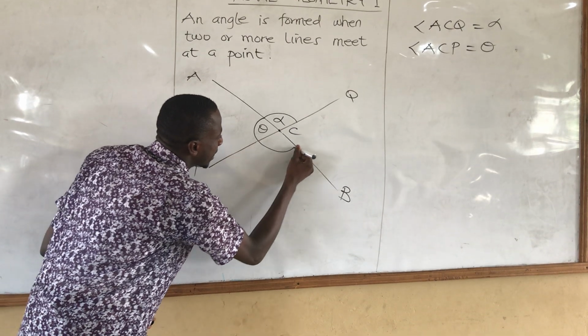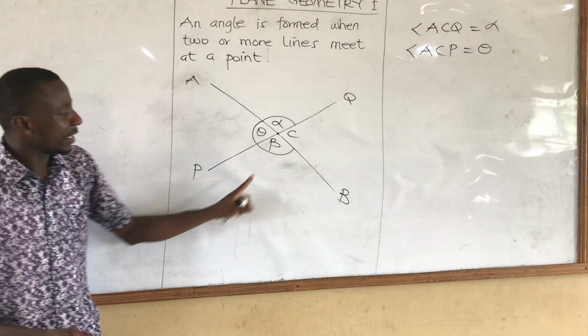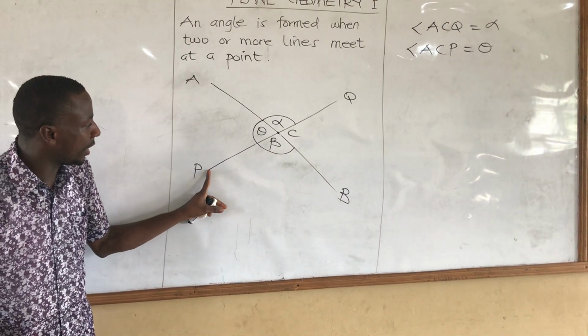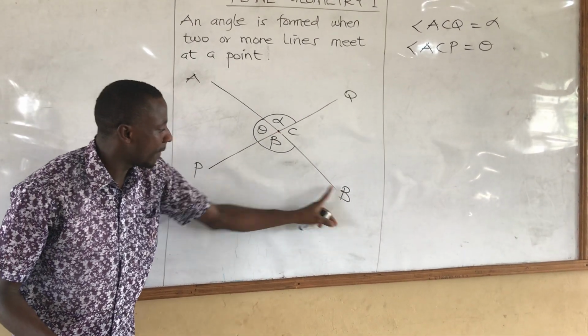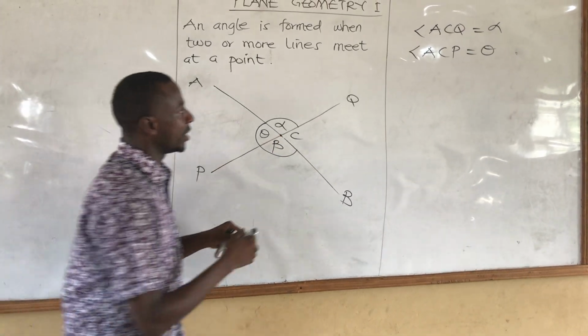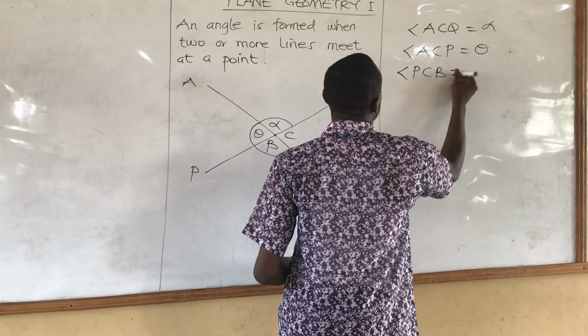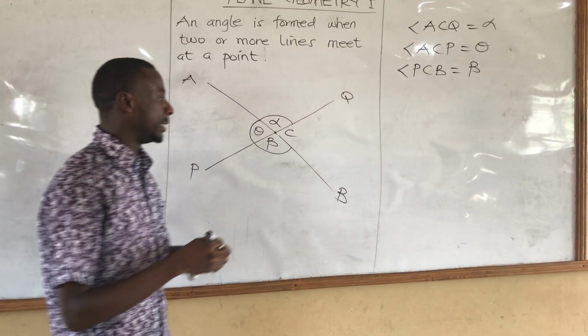Now we can also get another angle here. Let's name it beta. This angle will be named angle PCB, from point P to point C to point B. So angle PCB will be angle beta.